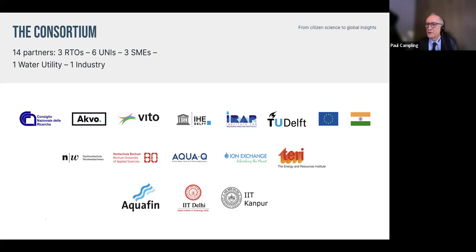It's underpinned, of course, by very excellent institutes like the IIT Delhi and IIT Kanpur, so we're very happy to work with them. And it's a really multidisciplinary approach, which we see as very important to look at all aspects of wastewater treatment and reuse. Go to the next slide, please.